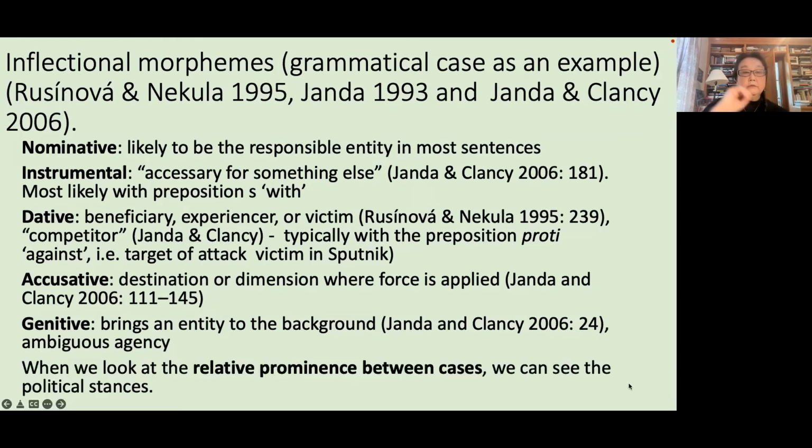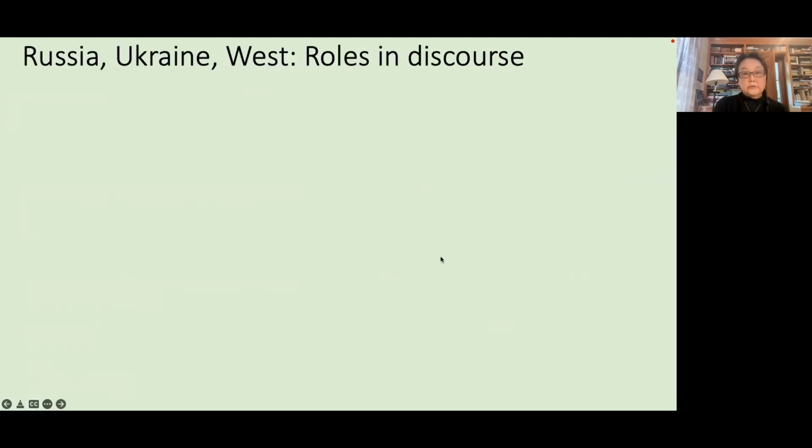When you look at the relative prominence between cases within the same lexical item, we can look at political stances. Some general ideological stance will come out. So let's take a look at the words Russia, Ukraine, and West.